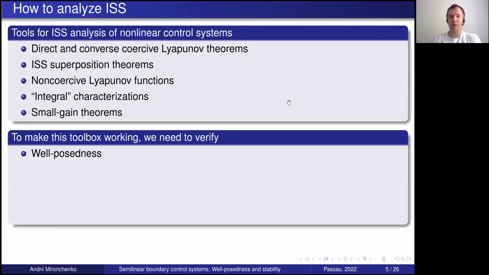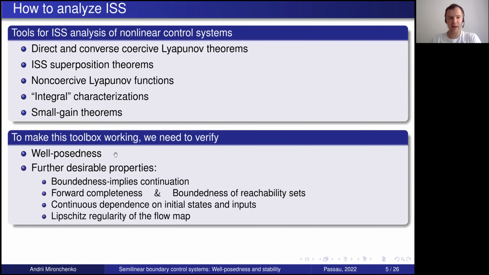In order to apply all this machinery, first of all, we have to verify that our model is actually a control system. So we have to verify well-posedness of that system. We have to verify the cocycle property and other axioms of control systems. But that's not enough. It's only a starting point. Actually, we need more. We need also some properties of the flow map.